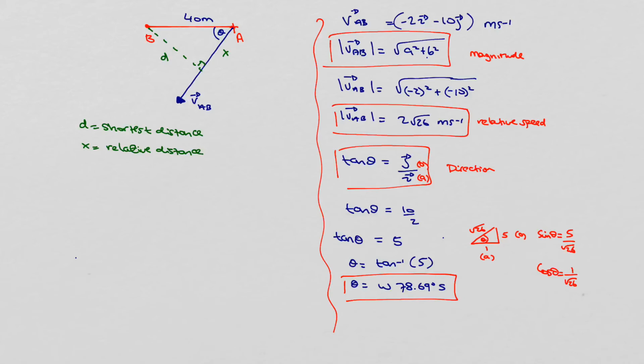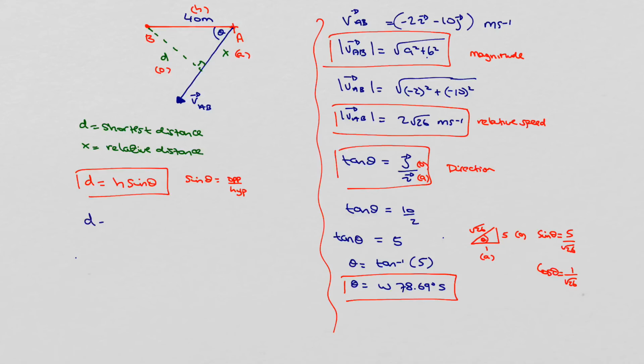Okay, so to find our shortest distance, we have theta, so d is the opposite, x is the adjacent, 40 meters is our hypotenuse. So therefore d is going to be equal to h sine theta, because of course sine theta is equal to the opposite over the hypotenuse.